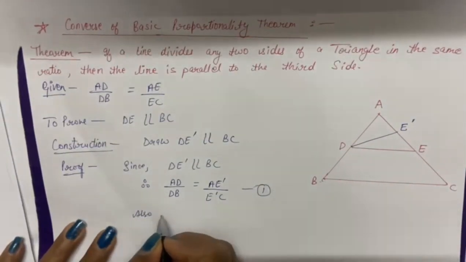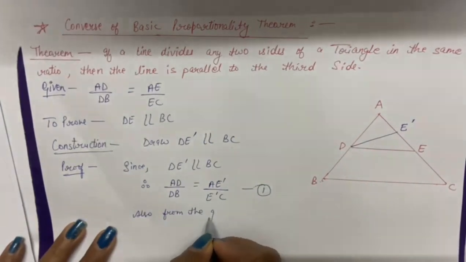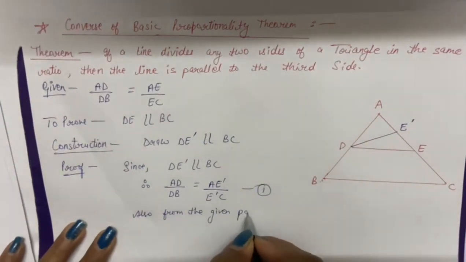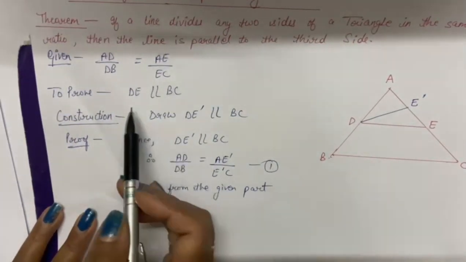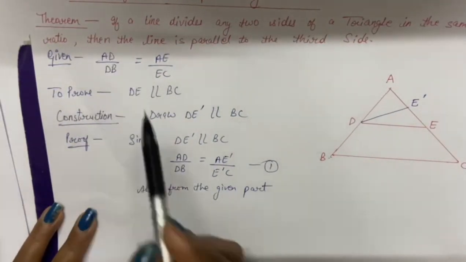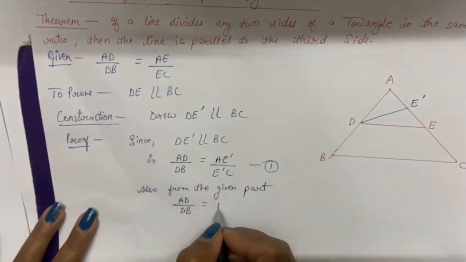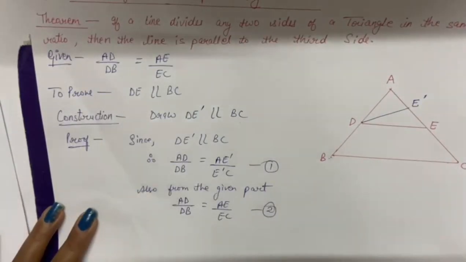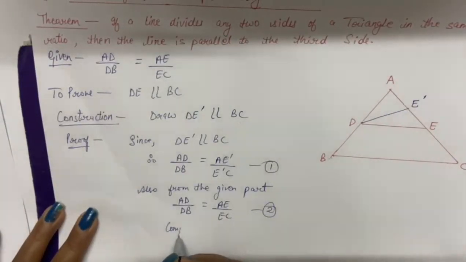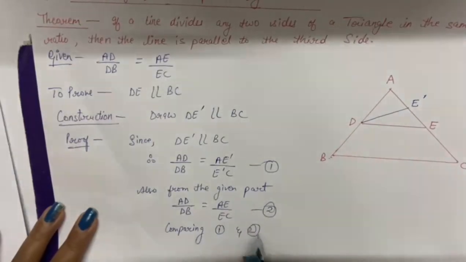Also, from the given part, we can see here AD by DB is equal to AE by EC. This is from the given part, correct? Now we will compare, comparing 1 and 2.